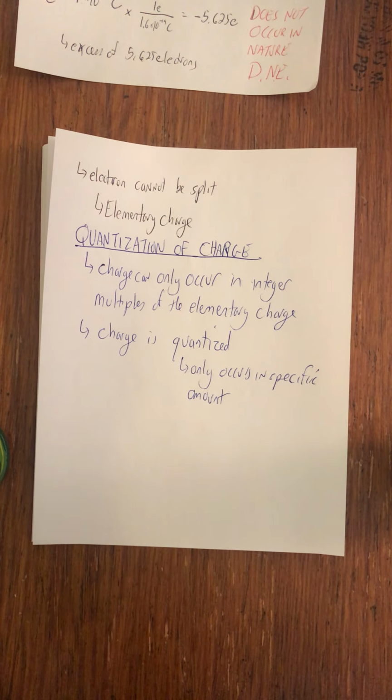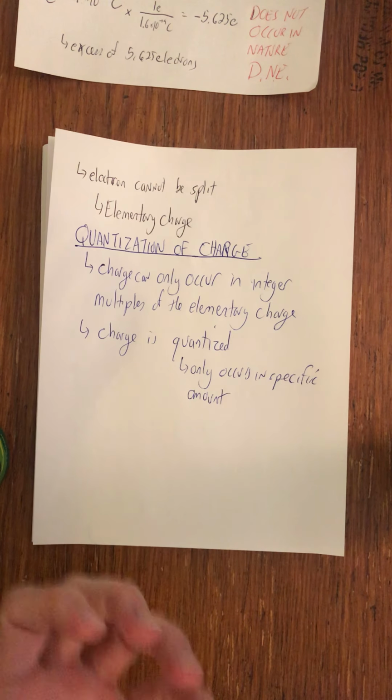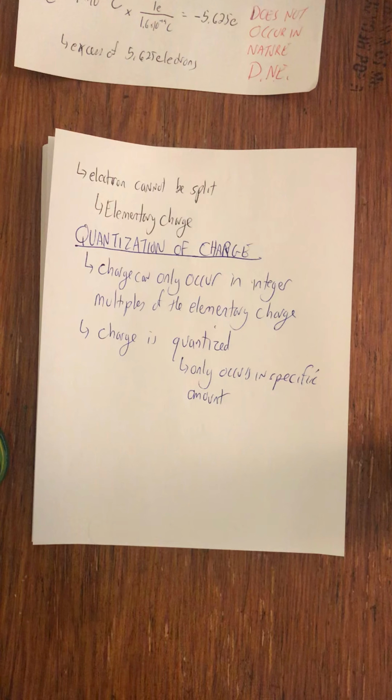US physical money is quantized because you can't have less than a penny, right? There don't exist coins anymore that are worth less than half a penny, so all your physical money has to be in integer multiples of pennies. Now we know the stock market and digitizing our currency has allowed us to go down to parts of a penny, or you go to the gas station and there's a 9/10 on that, but you can't physically have that.